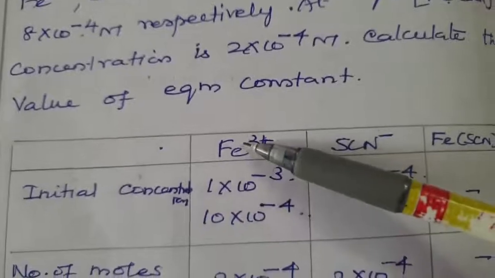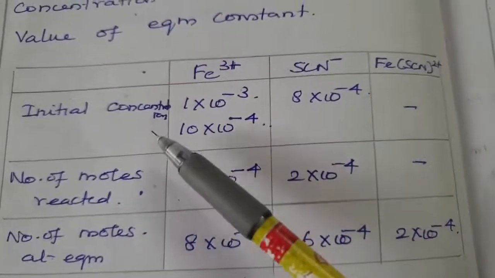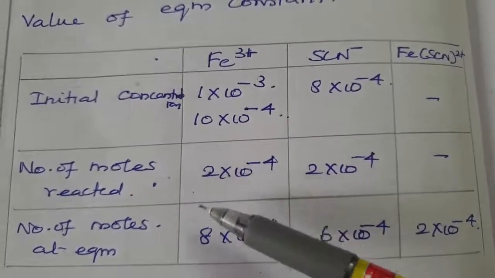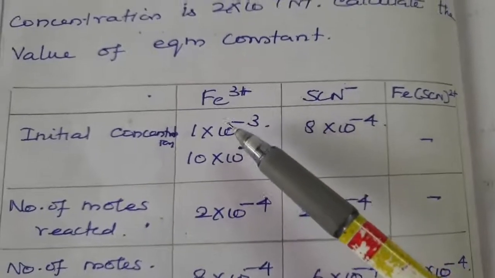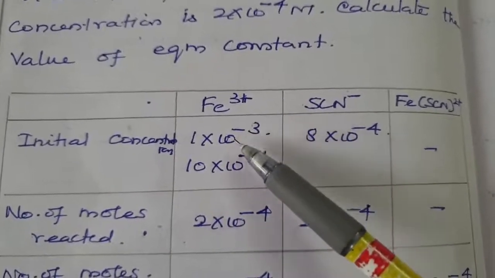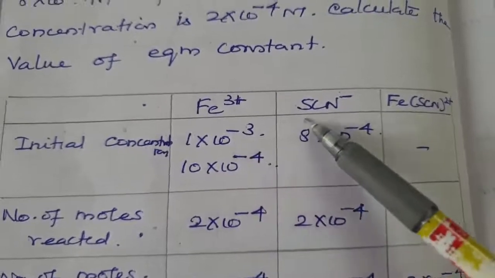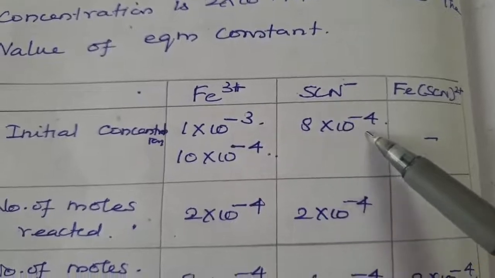Okay, so before that, you have to write the initial concentration, the number of moles reacting, then the number of moles at equilibrium. In the problem it's given that Fe3+ at the initial stage is 1 × 10^-3 and SCN-, the anion, has the concentration 8 × 10^-4.